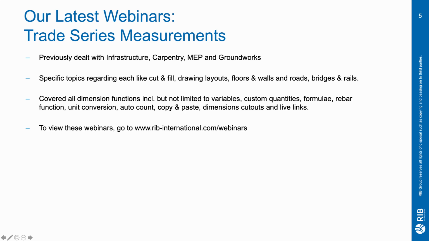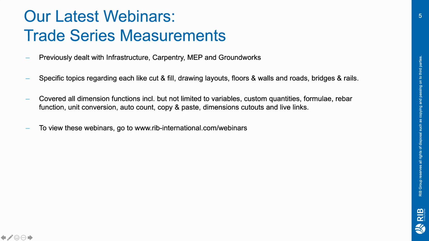But with covering all of these dimension functions, a lot of those are obviously duplicated across different trades. So if I show you how to measure an area or a length or a count item, whether you do that for an infrastructure project or whether you do that for a carpentry project, it's the same thing.